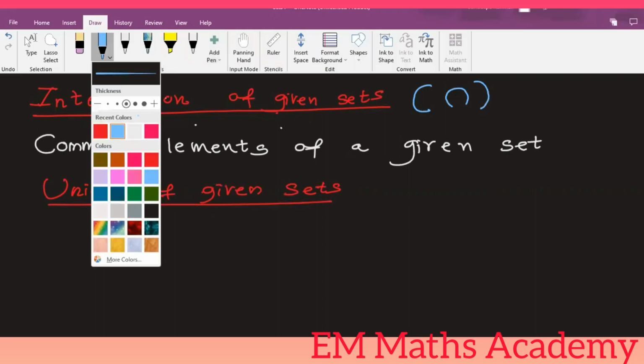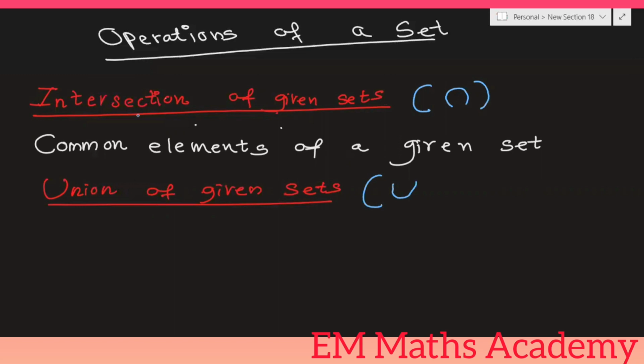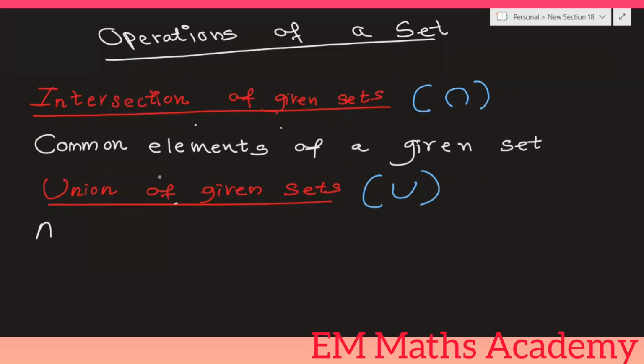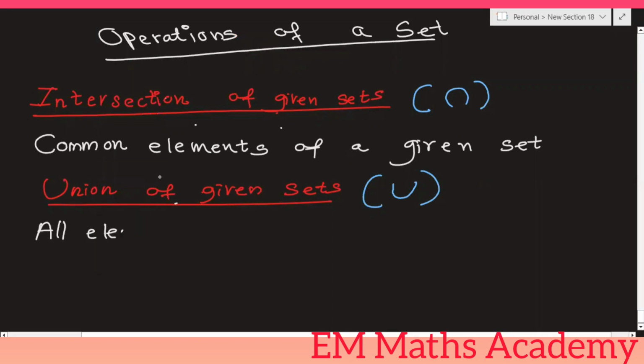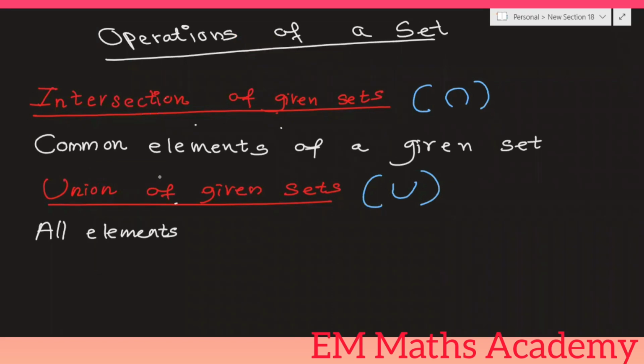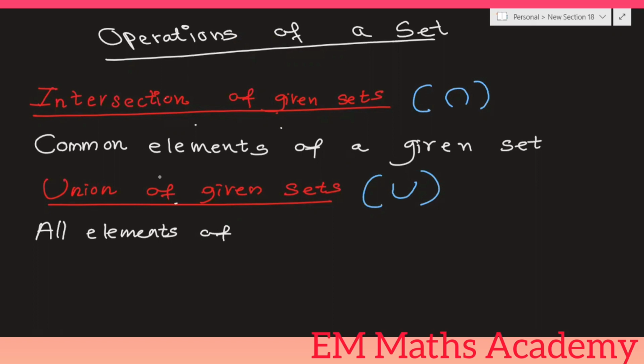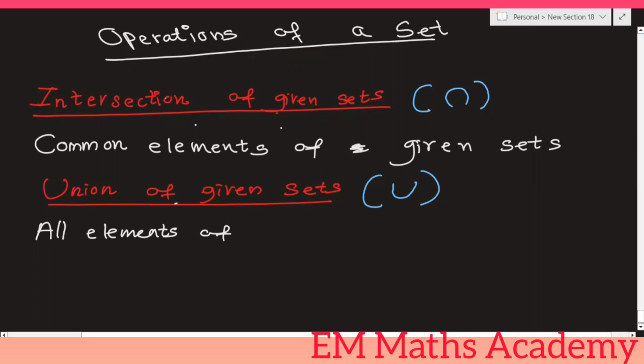It is U, the U shape. The union of sets is denoted by the U shape. Then what do we do when it comes to the union? That means all the elements of given sets.